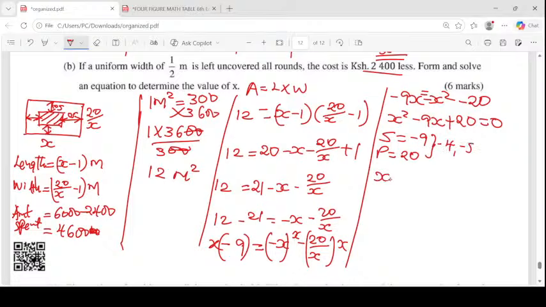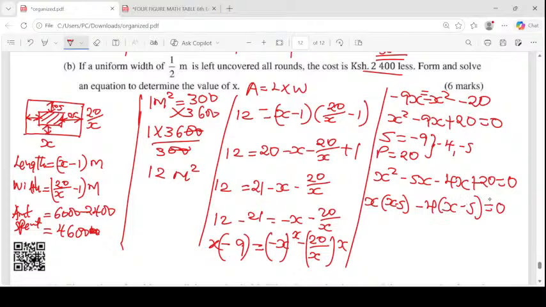So this will be x squared minus 5x minus 4x plus 20 is equivalent to 0. This will be x into x minus 5, then minus 4 into x minus 5 is equal to 0.